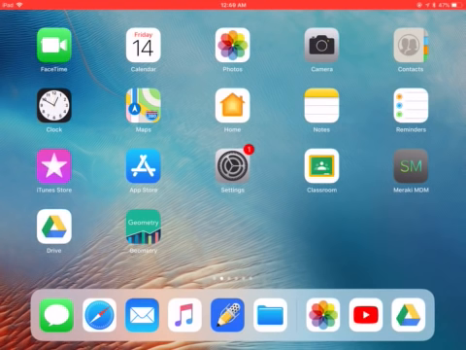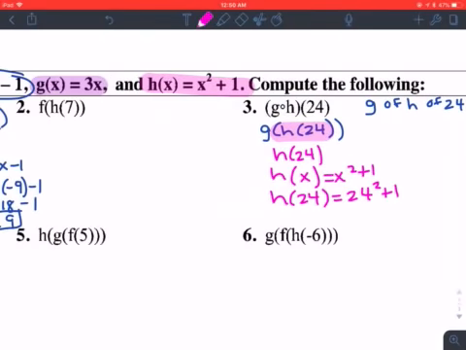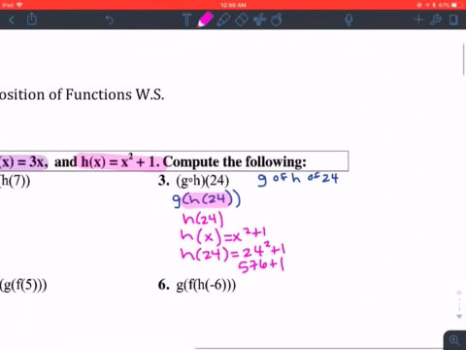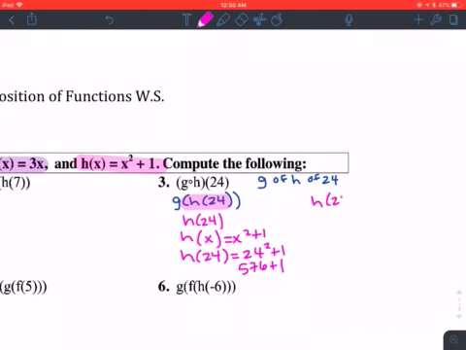Alright, we get 576. 576 plus 1, so that's 577. So h of 24 equals 577.